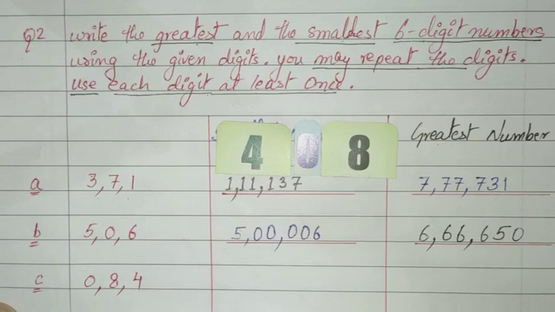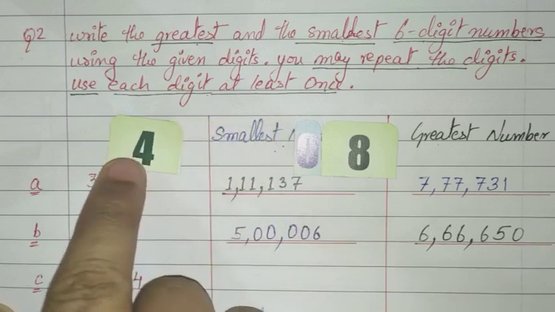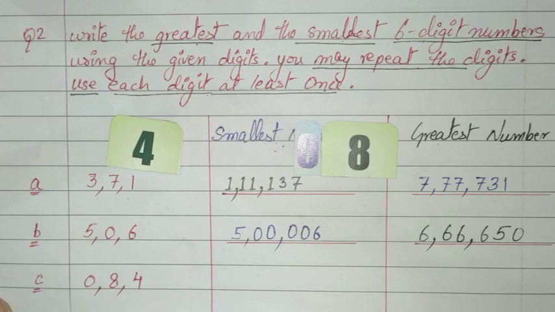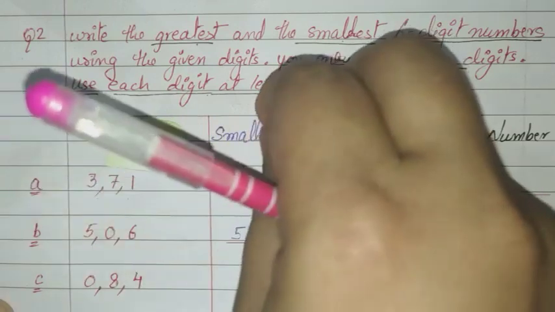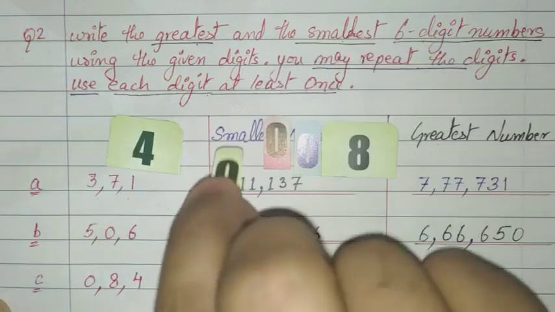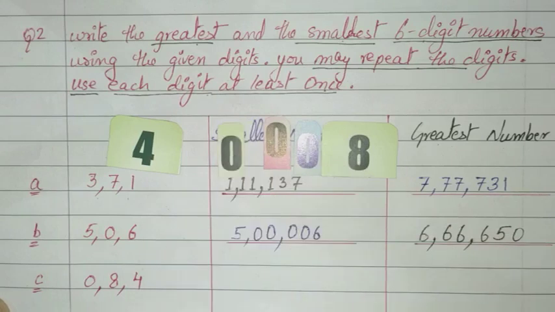Now we have step 2. Step 2 is repeat the smallest digit at the remaining places on the left. So 3 places are left, and you have to repeat the smallest digit. The smallest digit is 0. Now shift 4, and you have to repeat the 0: 0, 0, and one more 0.